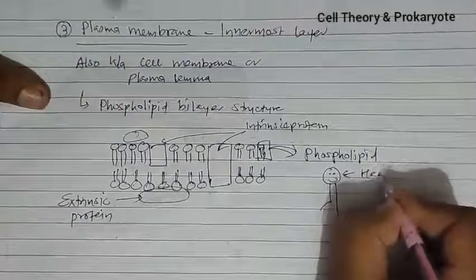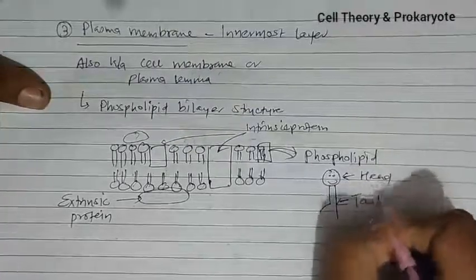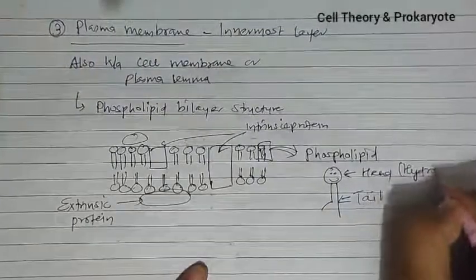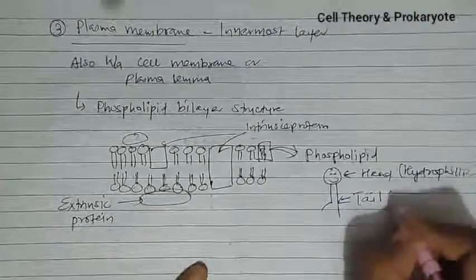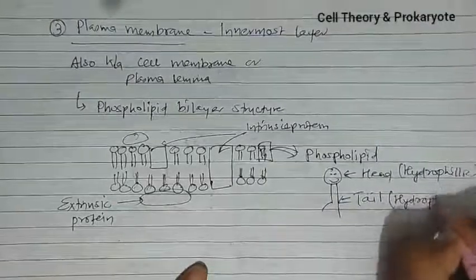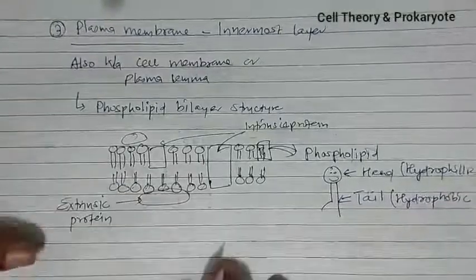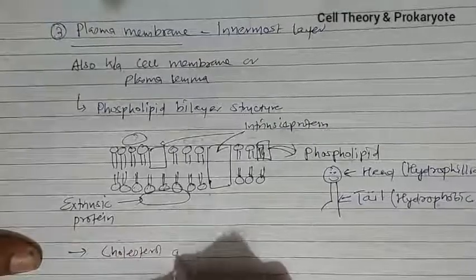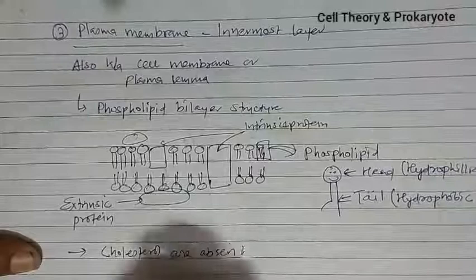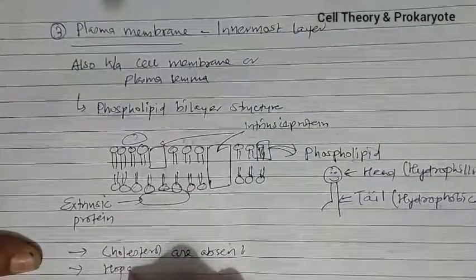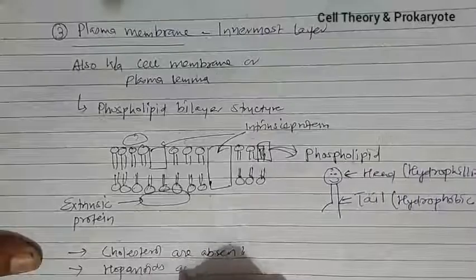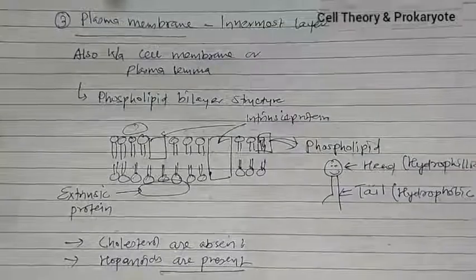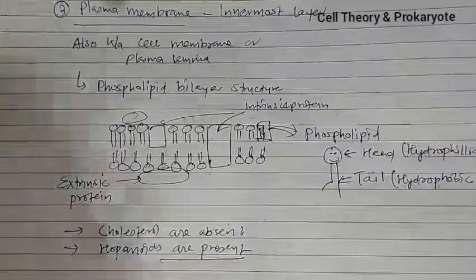This is a head and this is a tail part. This head is hydrophilic and this tail part is hydrophobic. Now in the plasma membrane of prokaryote, cholesterol is absent and hopanoid like lipids are present, which provide them a stability. So this is the structure of plasma membrane in case of the prokaryote.